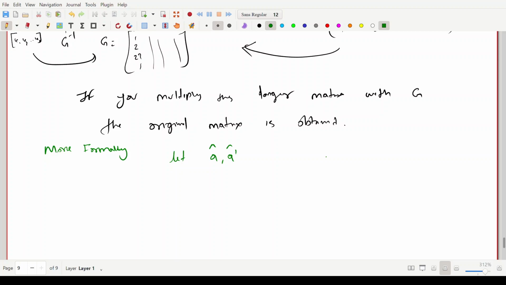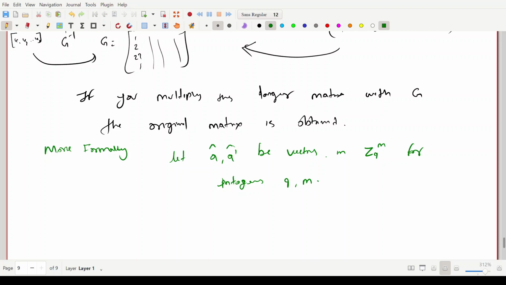Let them be vectors in ZQ^M, for integers Q and M. That means you can consider this a cap as the binary representation of a, and a dash cap as the binary representation of a dash.